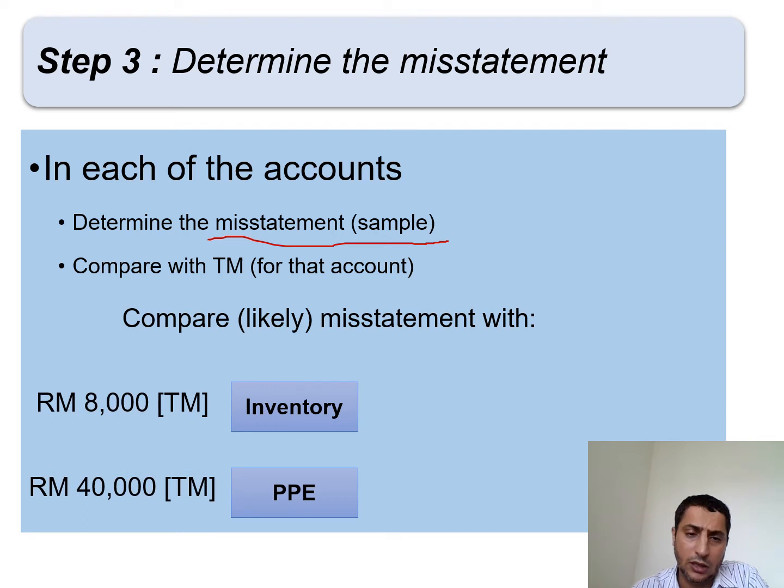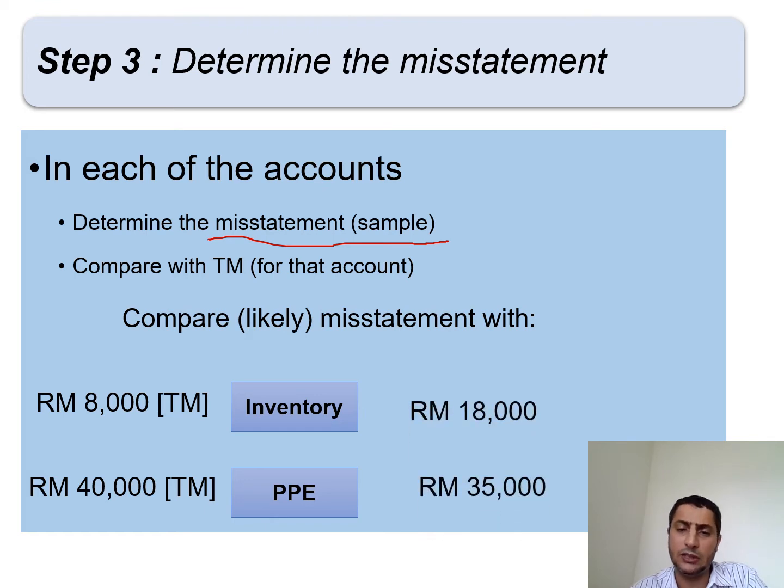We have total tolerable misstatement of 8,000 for the inventory and 40,000 for the PPE. So let's say the misstatement we found is 18,000 for the inventory, and for PPE we have 35,000.